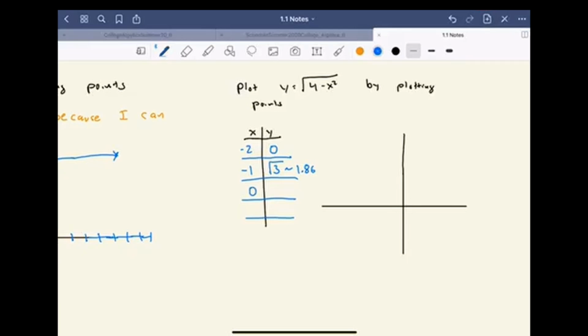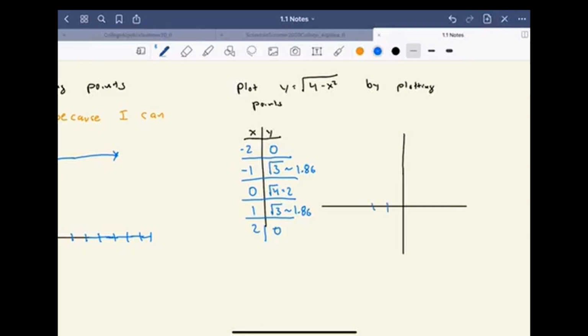If I plug x equals 0, I'm going to get the square root of 4, which is exactly equal to 2. If I plug 1 in for x, I'm going to get the square root of 3 again. And then if I plug 2 in for x, I'm going to get 0 again.